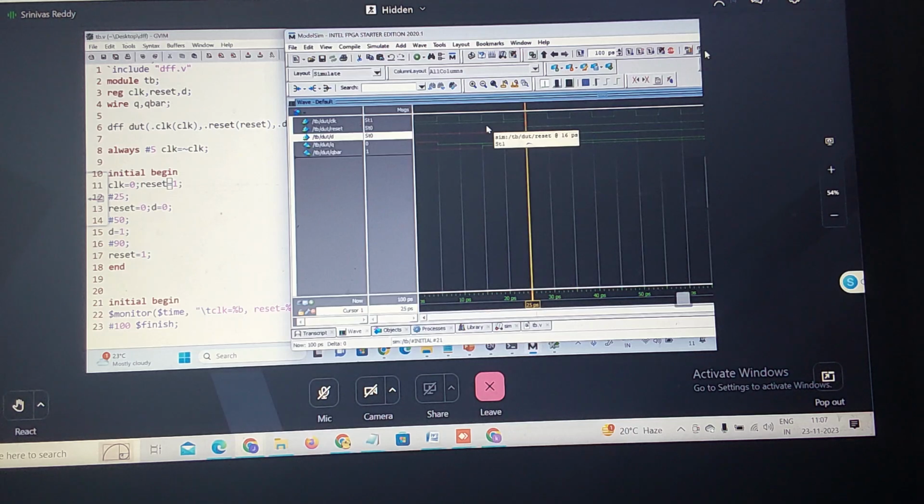Reset is 1. What is the D value in this case? Don't care, unknown. Correct. Now you can see the output here. What is the output we are writing? Whenever the positive edge comes, if reset is equal to 1, what are we doing? Q is equal to 0.